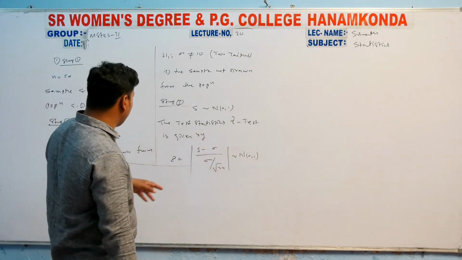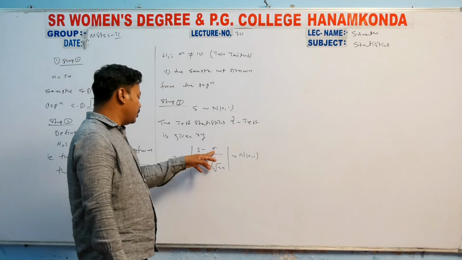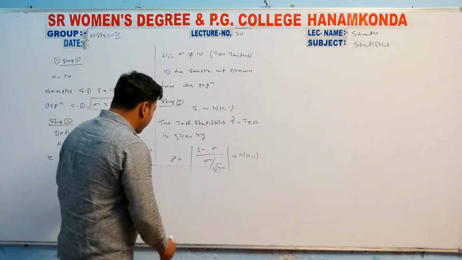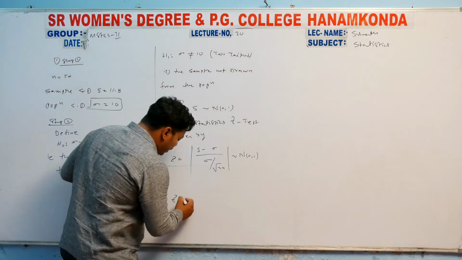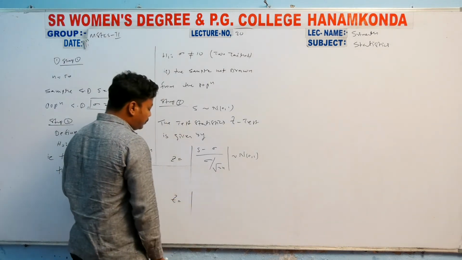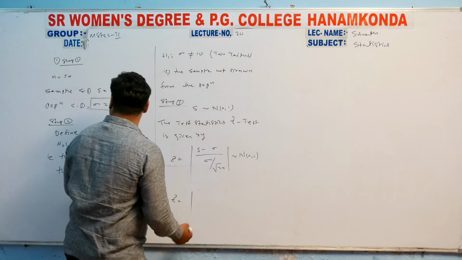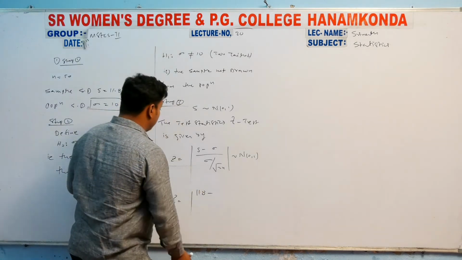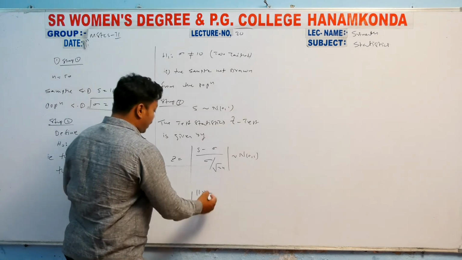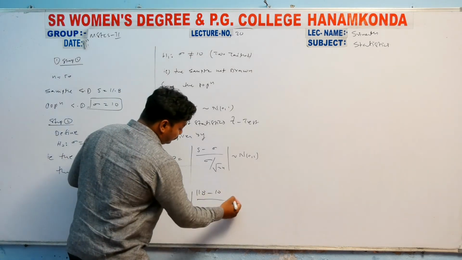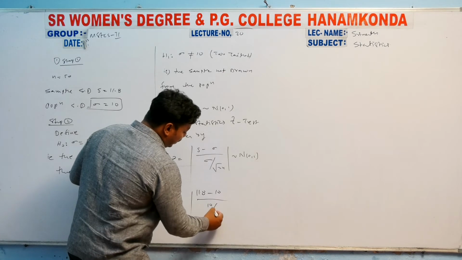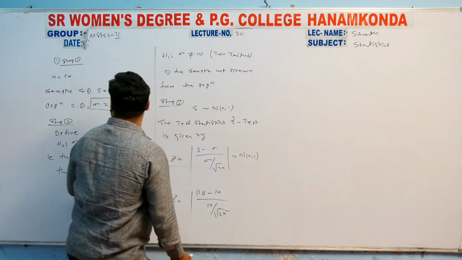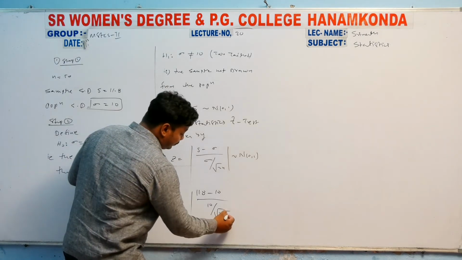Here we know the S value, the sigma value and the small n value, so we can directly calculate Z. The S value is 11.8, sigma value is 10, and under root of 2 into 50.